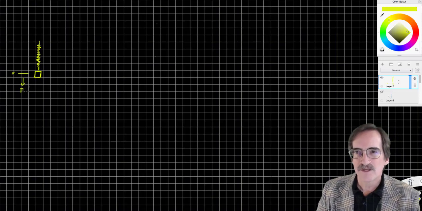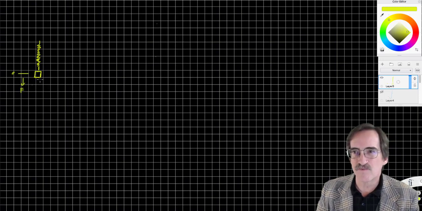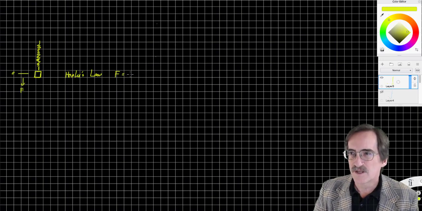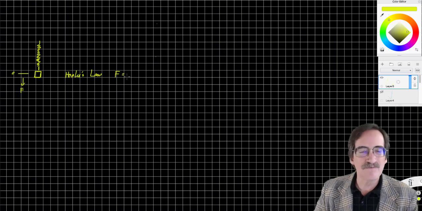Okay. So we're displacing it with a force. According to Hooke's law, the amount of force is directly proportional to the displacement. Now they used d for displacement.